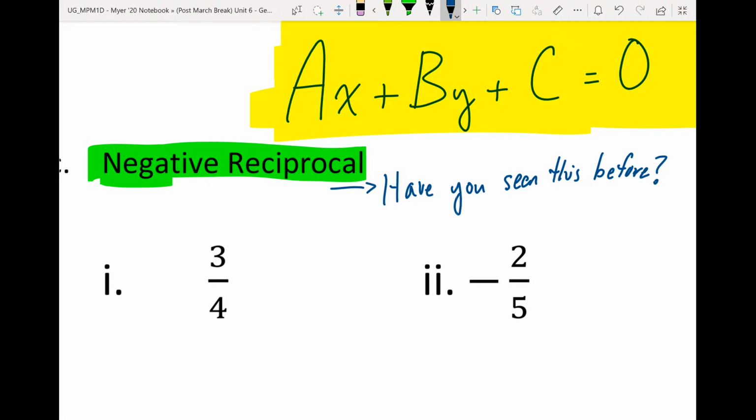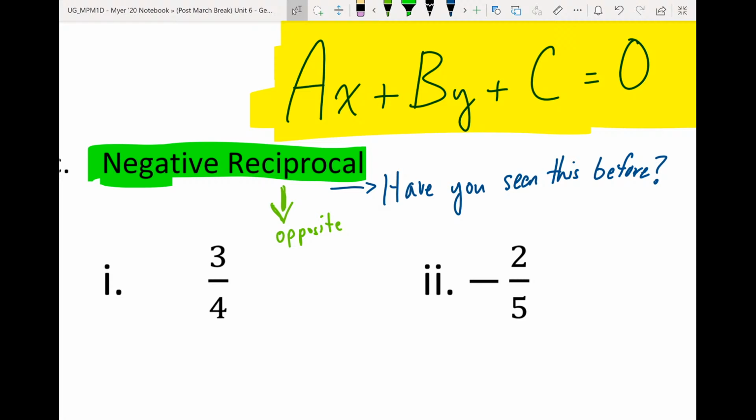Negative reciprocal? I think it sounds familiar, but I don't know what it means. Okay. So reciprocal is kind of like opposite, and then negative is like flip the sign and be opposite.